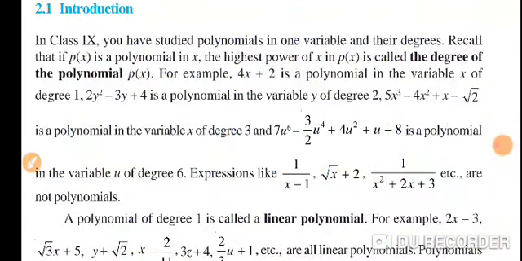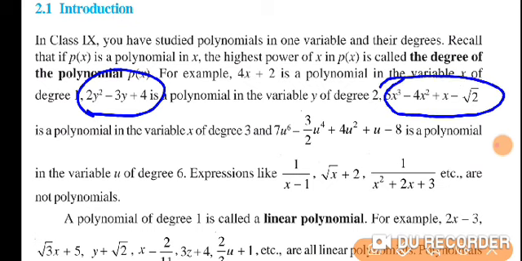Now, if I take another example, which is already given over here, 2y square minus 3y plus 4. There are three terms, so you can call it a trinomial. This particular sum which is given to you, 5x cube minus 4x square plus x minus root 2. If you want, you can sit and count 1, 2, 3, 4 terms, so tetranomial.